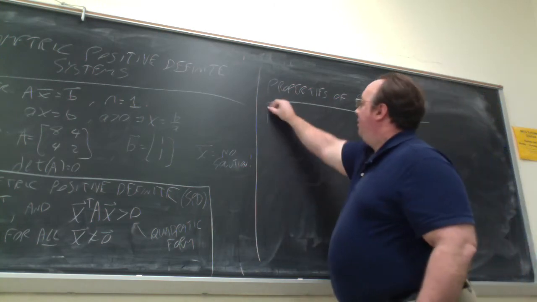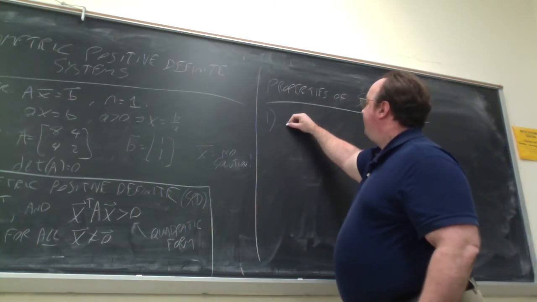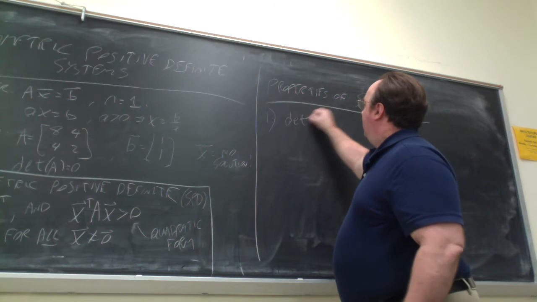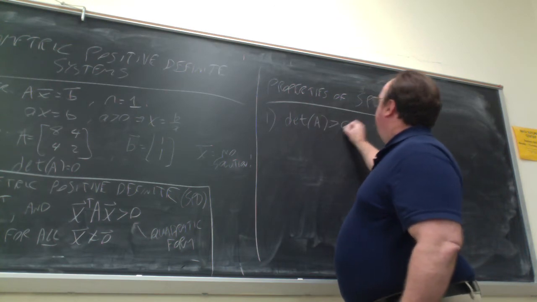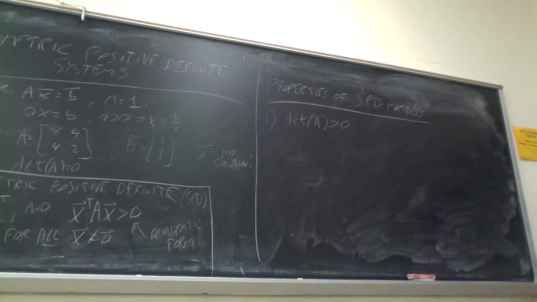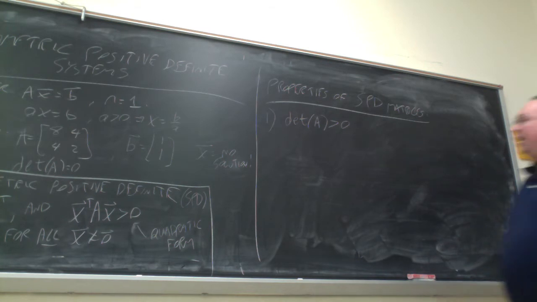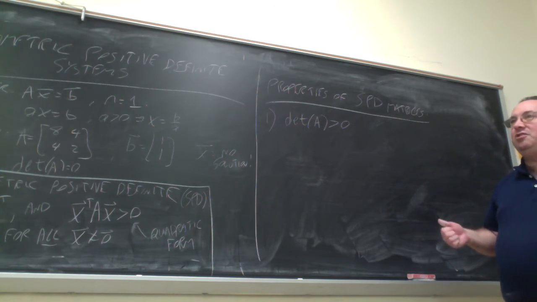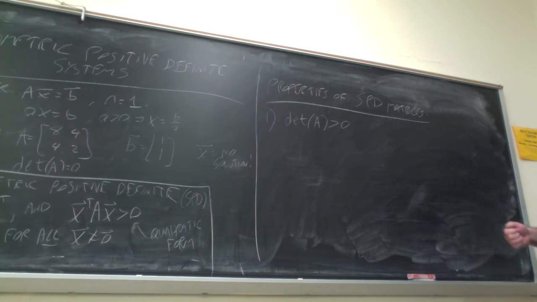So first, the determinant is positive. So that means that A is definitely non-singular or invertible. Actually, I'll give a homework problem for the next homework. If A is SPD, show that its inverse is also SPD.